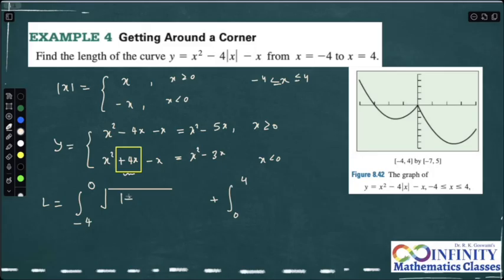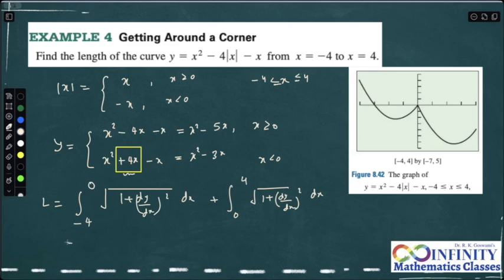It is 1 plus dy over dx for each case. Am I right? Yes. So I hope you get the point: because the function is not differentiable at 0, I'm just changing the range to minus 4 to 0 and 0 to 4.